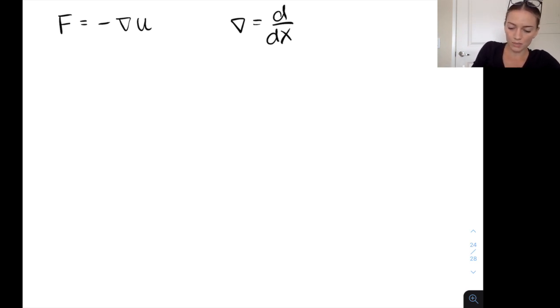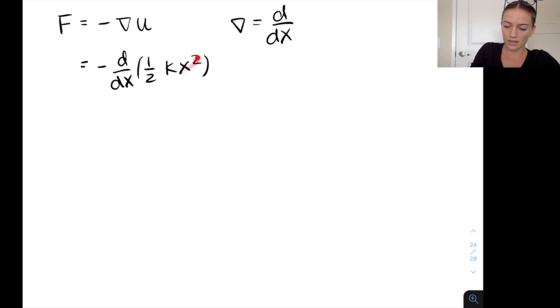In the case of a spring, we just have the negative derivative with respect to x of our spring potential energy function here. And when we take the derivative of this, we get back our spring force, right? The 2 comes down and cancels out with the 1/2, and then this just becomes negative kx. So we can derive a conservative force from a potential energy function.